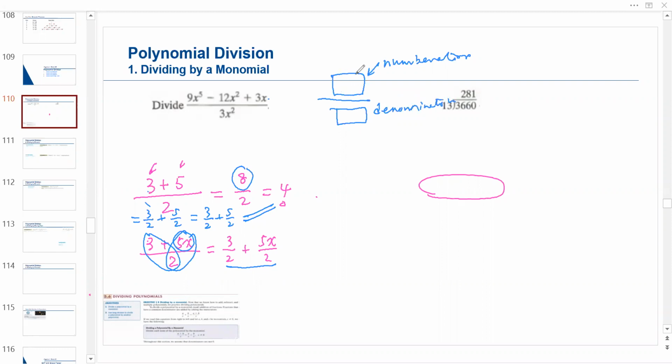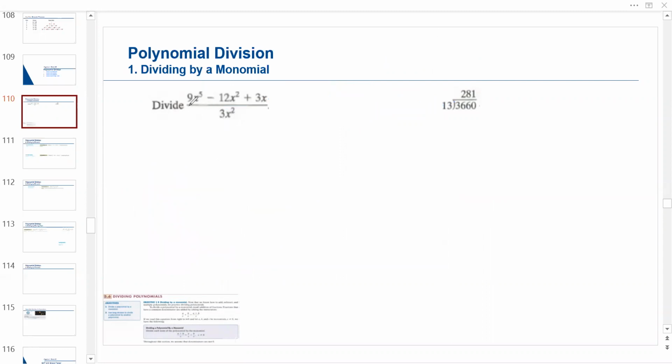So when the numerator has multiple terms and we divide by only one term, we use the same method as here. Because they include the variable, they cannot combine. So what we need to do is divide separately. That's the mechanism behind it.